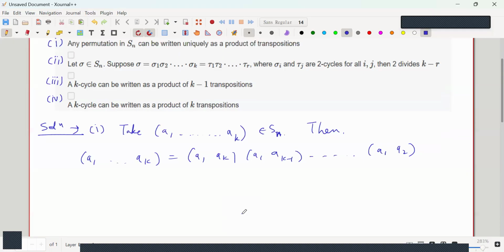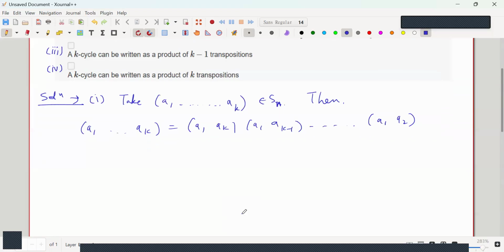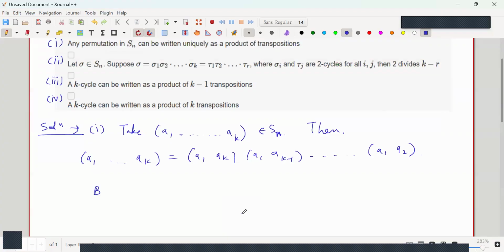So this is okay, but the word uniquely, can you write it in a unique way?